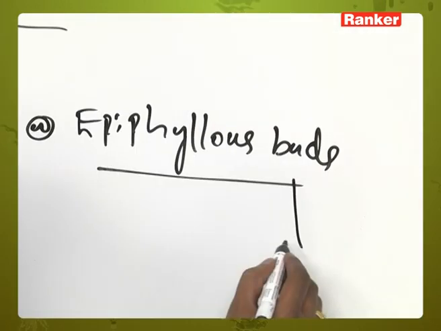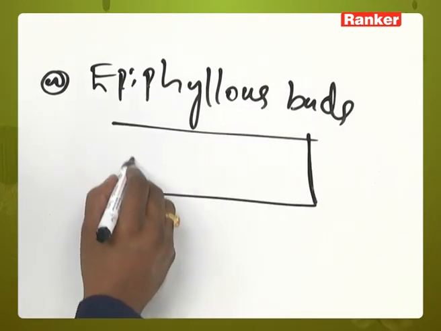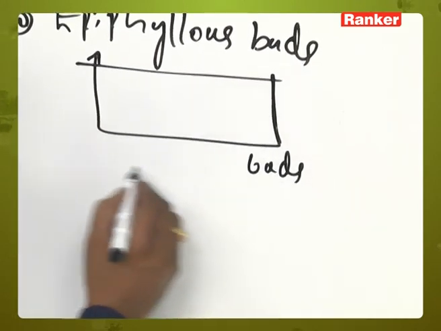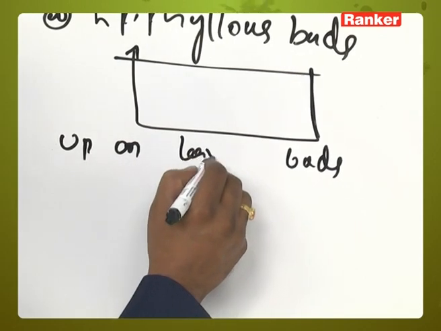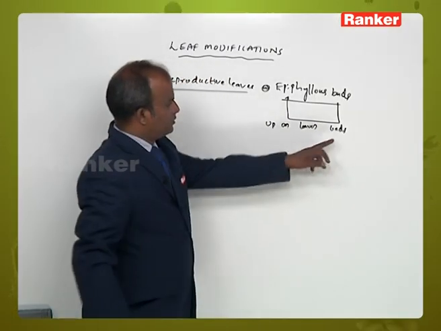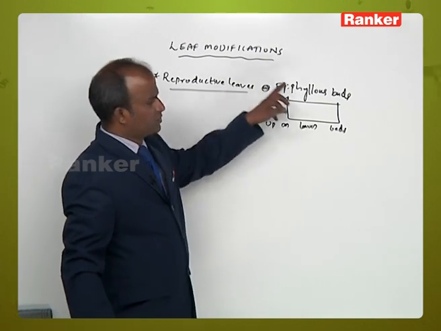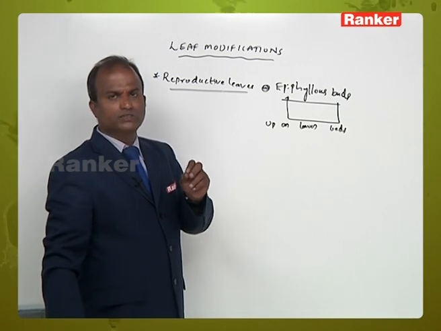Epi means on, that means buds present upon the leaves. The buds present upon leaves which play an important role in reproduction are called epiphyllous buds.